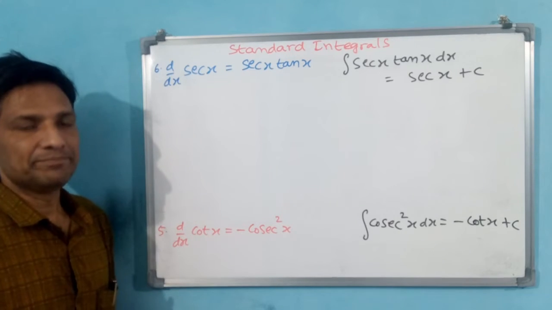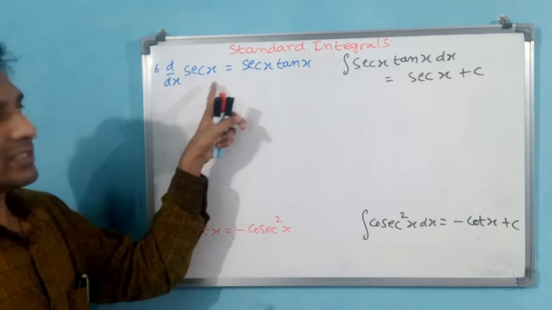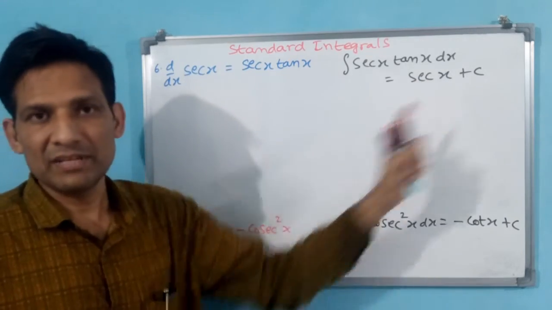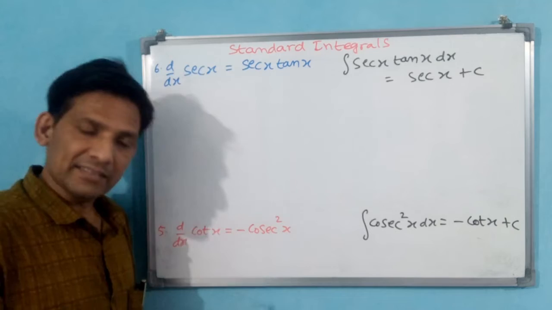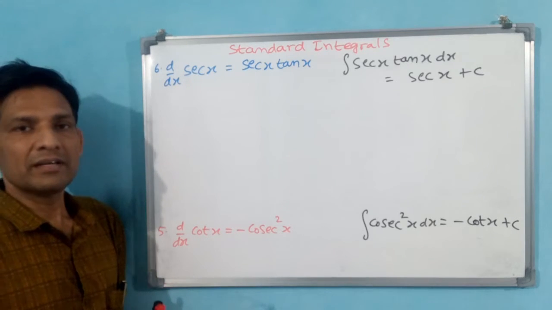Afterwards we will learn further. As per standard derivative, d by dx of secant x is secant x tan x, so integral secant x tan x is equal to secant x plus c. But what about integral secant x? That also will be there. Integral tan x, that also will be there. Okay?